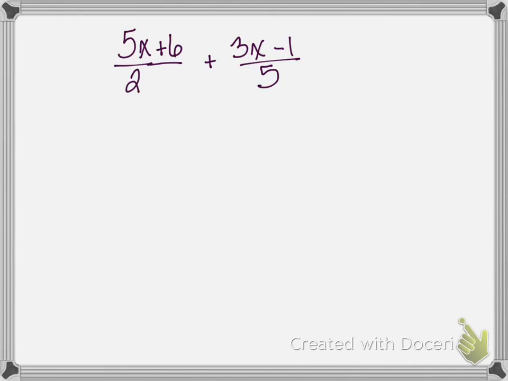Oh, no, that's the one we just did, right? Or that's half of the one we just did and half of the next one. I do that all the time. Okay, so 5x plus 6 over 2 minus x minus 4 over 3 equals 5 over 6.